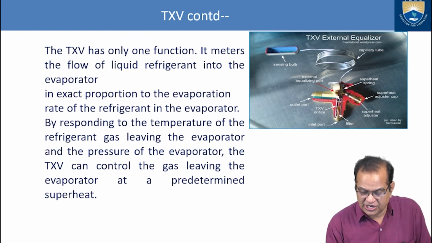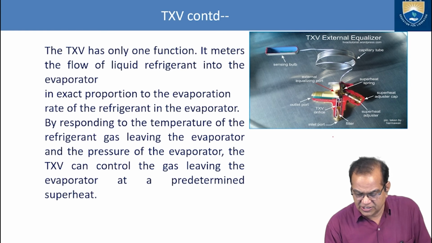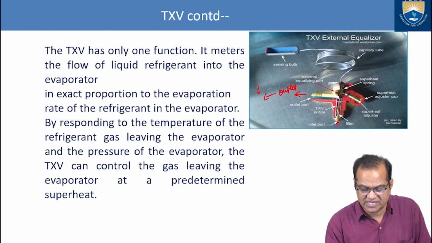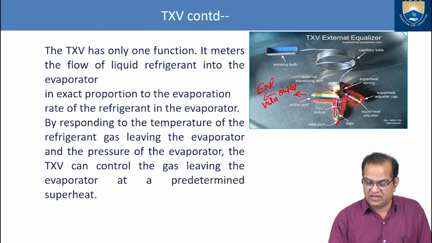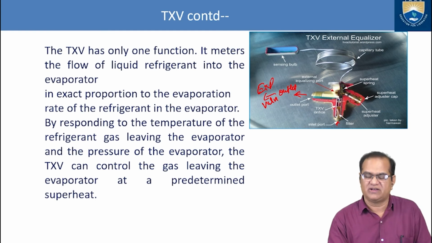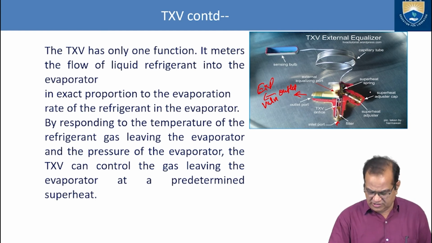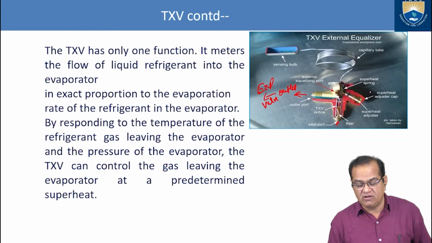Here is the capillary tube, and this is the inlet. It enters from here and leaves from here. So this is the outlet, and from here it goes to the evaporator. Like this is the basic structure of the thermal expansion valve.